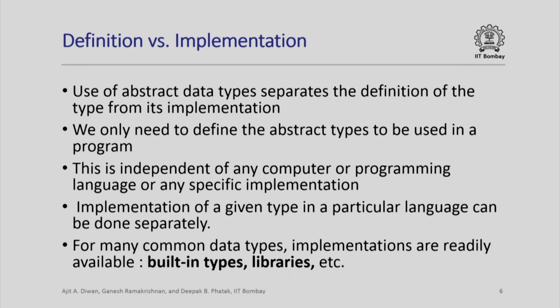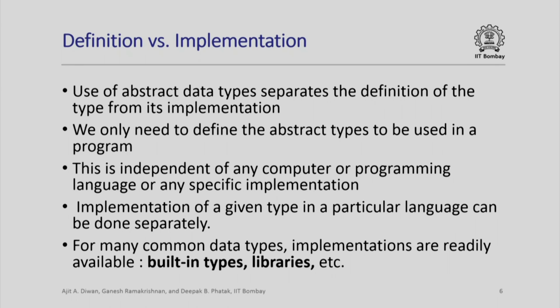So, if you know exactly what abstract types you need for solving your problem, then many times you will find that implementations are already available, either as built-in types or in libraries, and you can directly use those without worrying about how they are implemented at all.